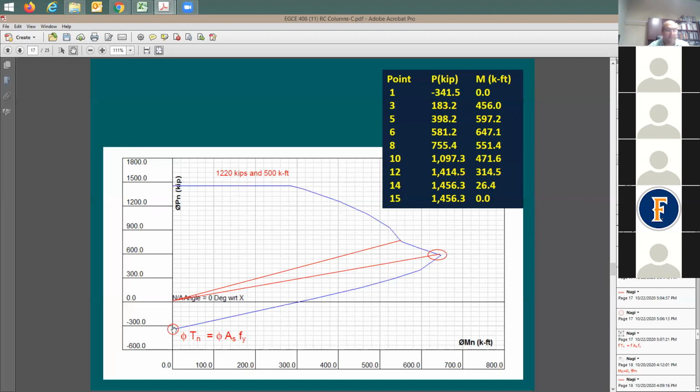It's tension control there. Yeah, tension control meaning what? The concrete crack. Now, is the concrete here in tension or compression? Tension. In tension? Yes.